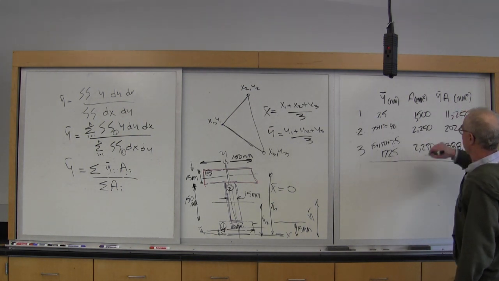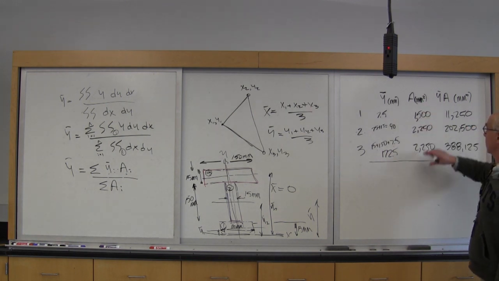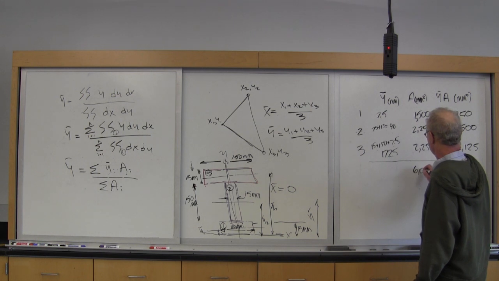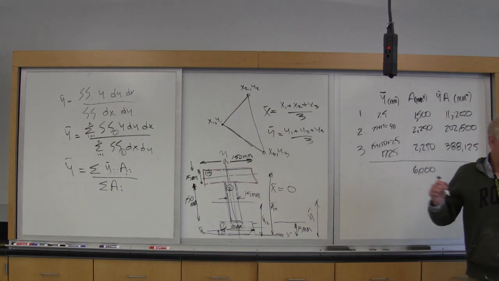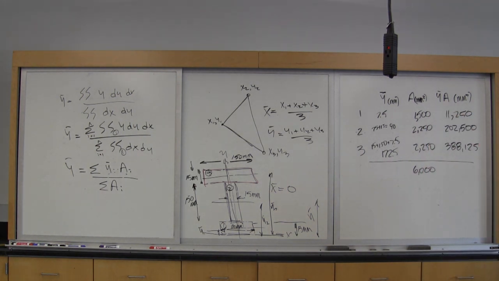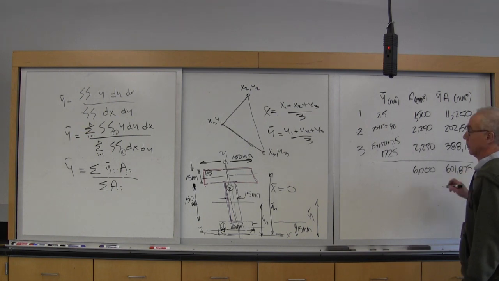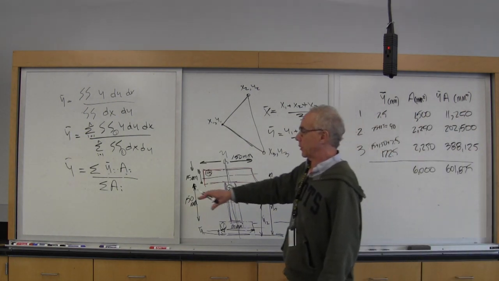And now we're going to find the summation of A and the summation of y bar A. This one happens to be 6,000, and that one over there is 601,875. So we're going to evaluate this now.